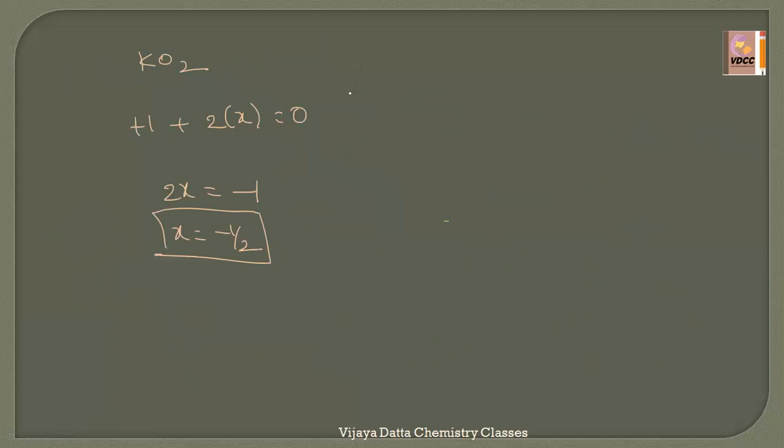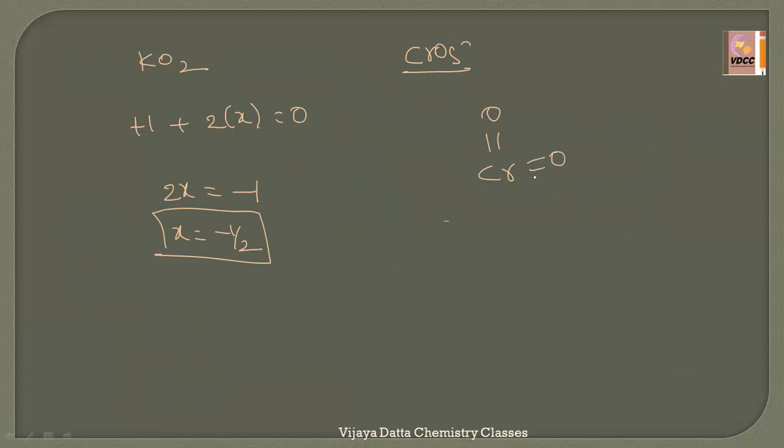So you have to check whether the oxygen is in a peroxide linkage, superoxide linkage or oxide linkage. See here CrO5. If you write the structure you will understand. Chromium, double bond O, total 5 oxygens. The maximum oxidation state shown by chromium is plus 6 only.